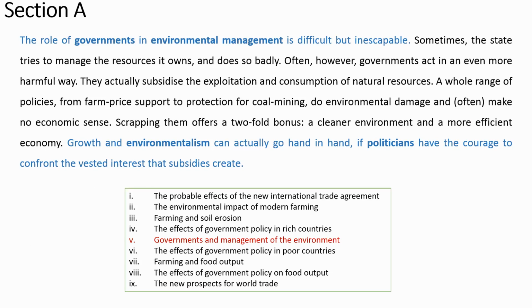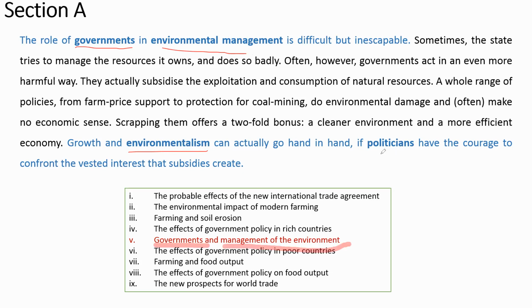So if you look at the first and the last paragraphs in line with our tips, you will immediately see that these words in bold give you the main idea of the text, which is governments and management of the environment.